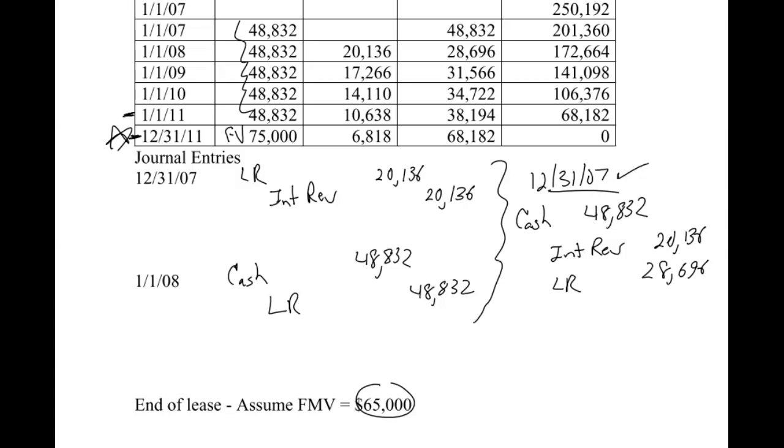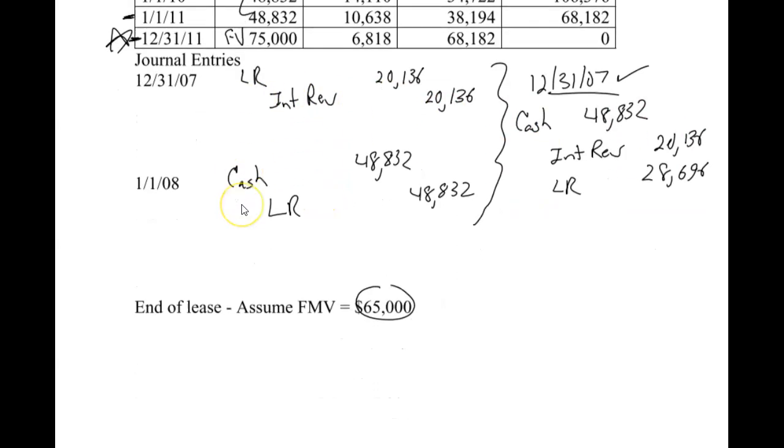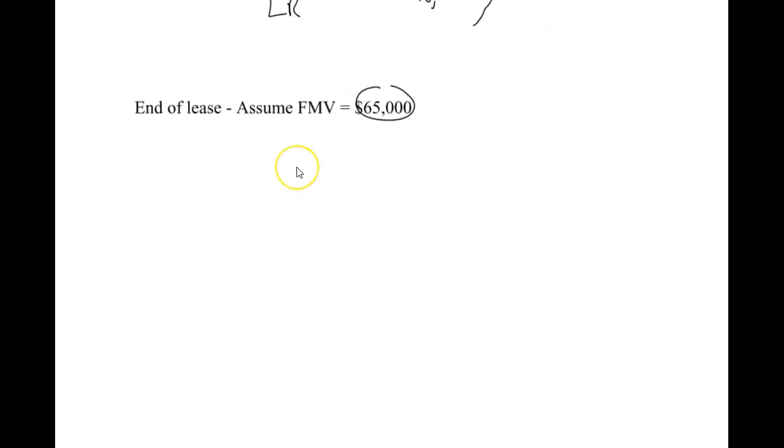The 12/31/11 journal entries. I was going to do it as 2 separate entries. The first thing is recording my last little bit of reduction of the receivable and recognition of the revenue. Actually, we can just combine all that into one journal entry.